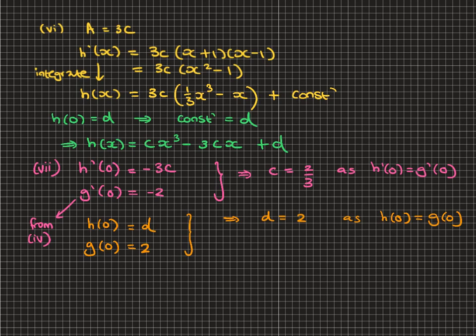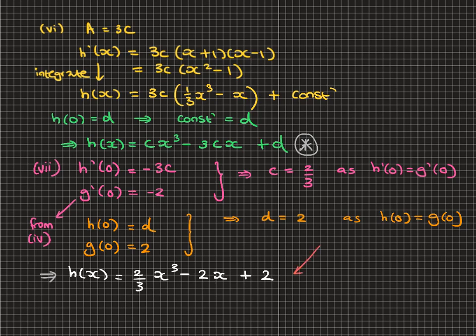So that then tells us that we can identify our function h of x. So going back up to here, we know that h of x would equal 2/3 x cubed minus 2x plus 2.